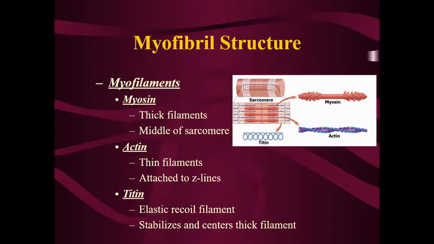Actin are the thin filaments that will always be attached to the Z lines. And titin is an elastic recoil filament. It stabilizes and centers the thick myosin filament. And all of these myofilaments are composed of protein, which is why muscle has such a high protein content.